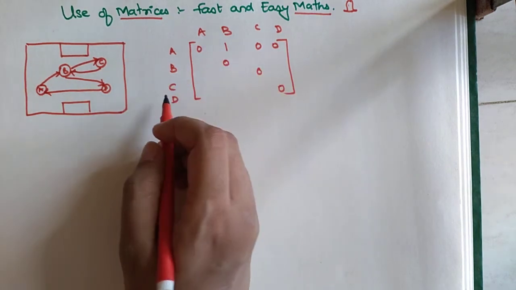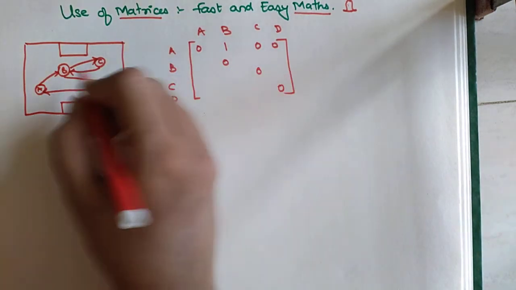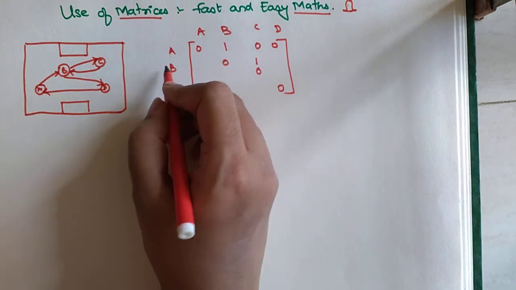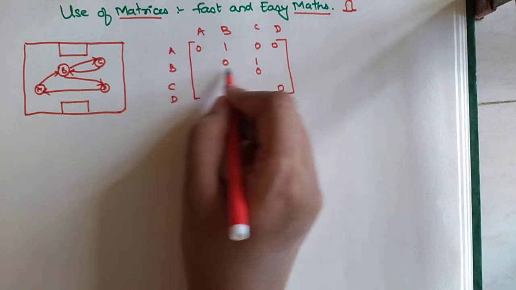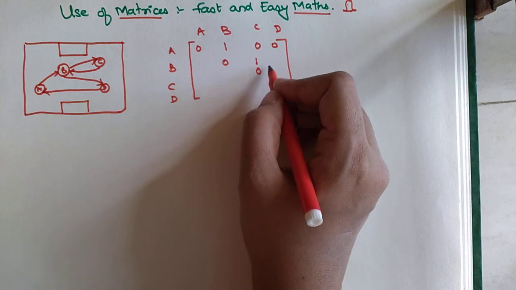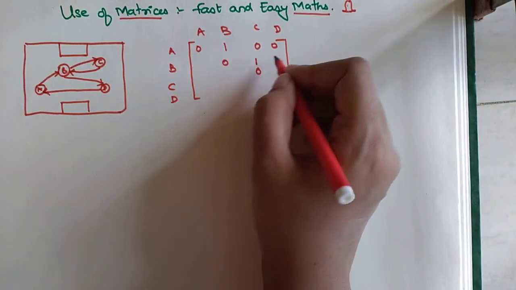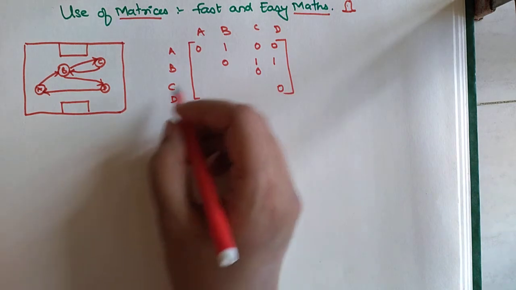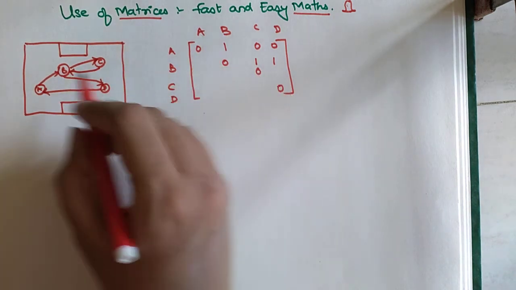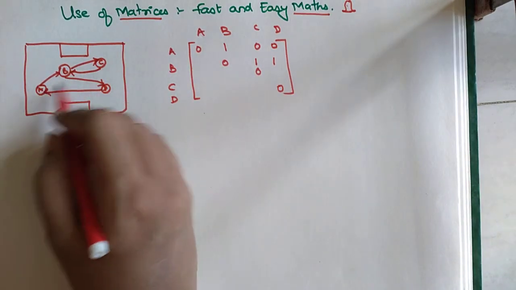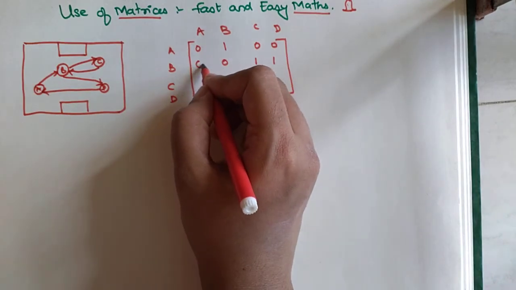Now let's check for B. B is passing the ball to C. So I'm going to put a 1 in the intersection of B and C. Now we also see that B is passing the ball to D. So here also we get a 1. Now let's check for A. We see that B is not passing any ball to A. So here we'll get a 0.